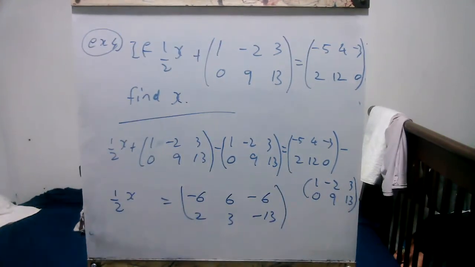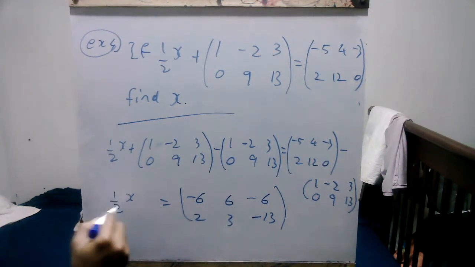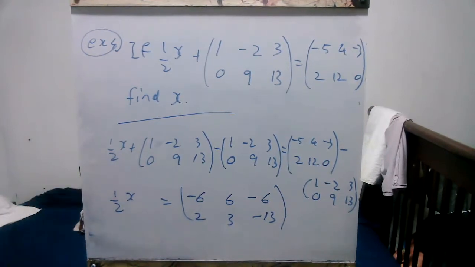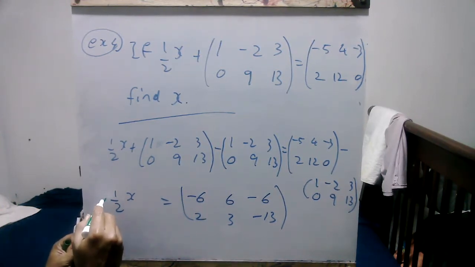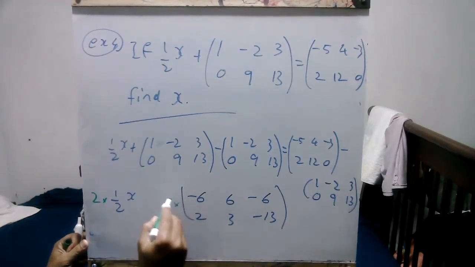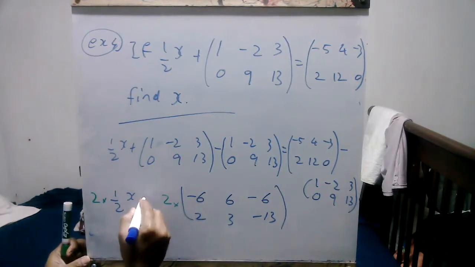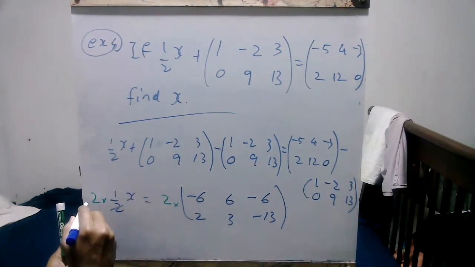Now to find x, we can multiply both sides by 2. That's a scalar. Let's multiply this by 2. Multiply this by 2. Then this 2 and 2 cancel out.